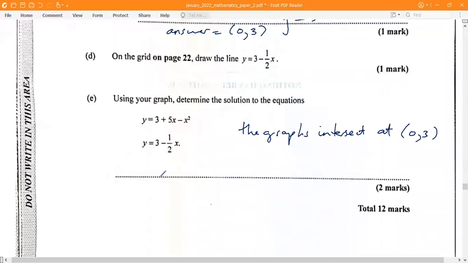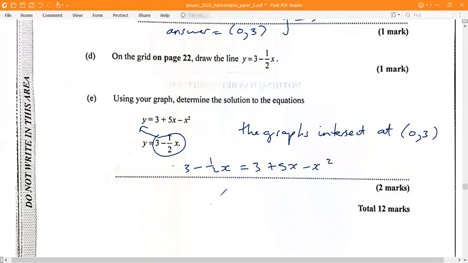So I want to check it using substitution. I want to say y is equal to 3 minus 1/2 x, and substitute that here. So we get 3 minus 1/2 x is equal to 3 plus 5x minus x squared.